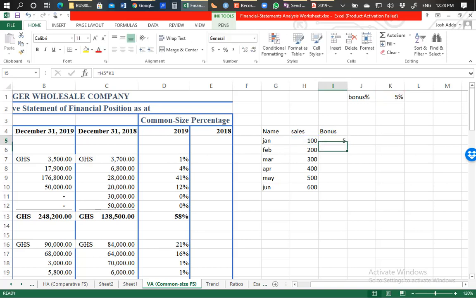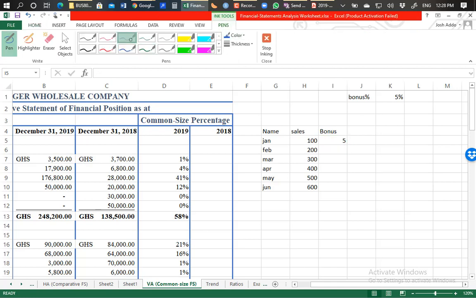When we drag, because the program is by default on relative cell referencing, when I drag the formula one cell down to here, it will move because we used this and this.